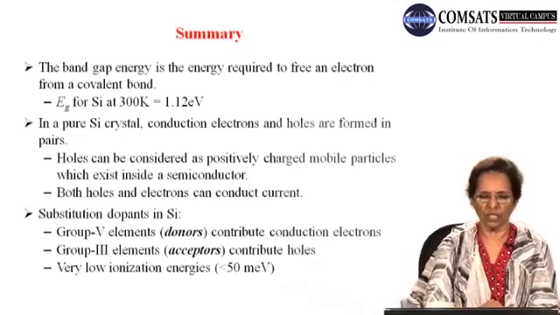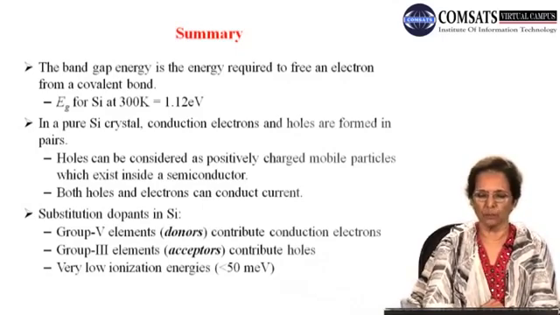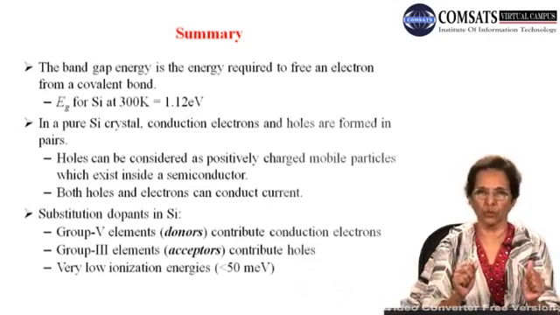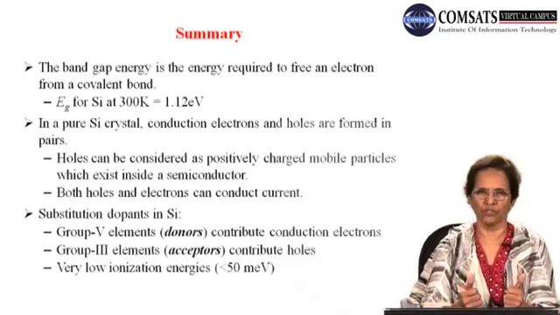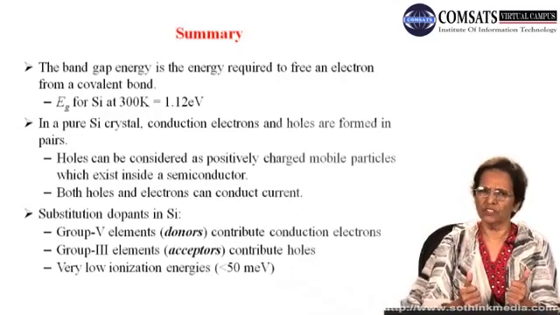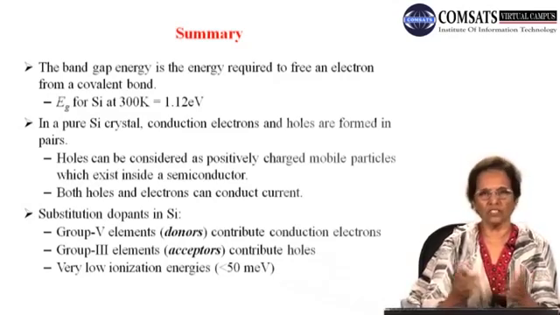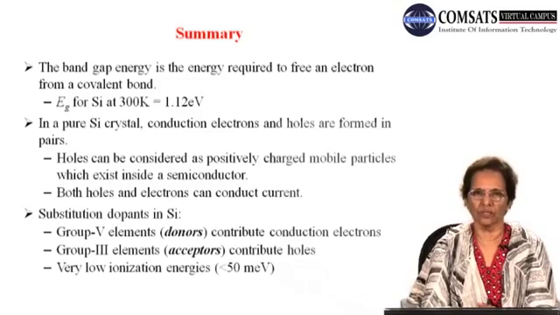The band gap energy of silicon at room temperature, which is 300 Kelvin, is 1.12 electron volt. Let's call this figure approximately 1 electron volt. So even though the band gap of silicon at room temperature is about 1 electron volt, and the energy that the covalent bonds receive at room temperature is much smaller, yet there are significant thermally generated electron hole pairs in the silicon crystal.